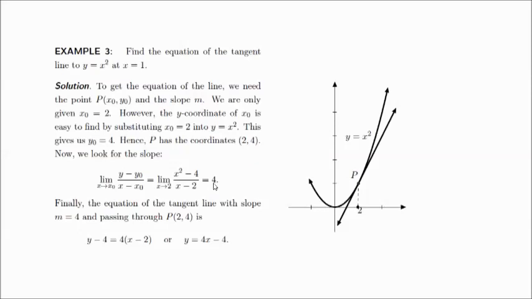Ngayon, paano naging 4, class? Kung i-direct sub mo siya, 2 minus 2 is 0, which is iniiwasan natin yun, di ba? Kasi mag-undefined siya. Ngayon, we need to have another way para makuha yung limit. So we can factor this out, x minus 2 multiplied by x plus 2.